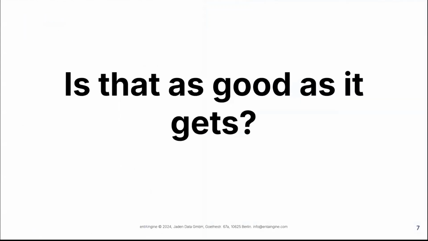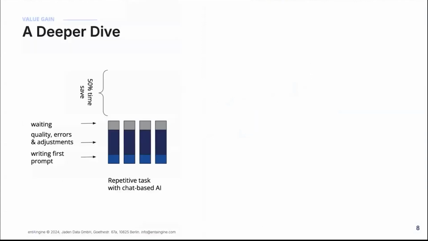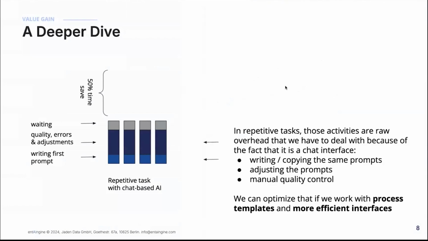So is that as good as it gets with the efficiency gains that we can achieve with using a generative AI model? When we look into a repetitive task with a chat-based interface, all of the prompt writing, the quality adjustments, and the waiting is essentially overhead that we should not have every time for each case.